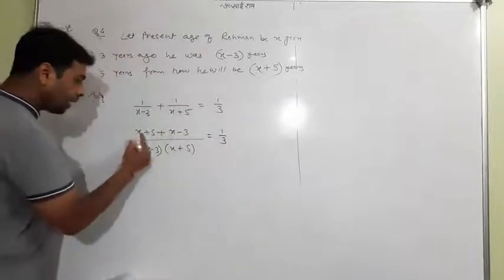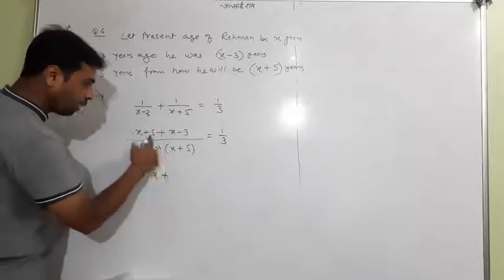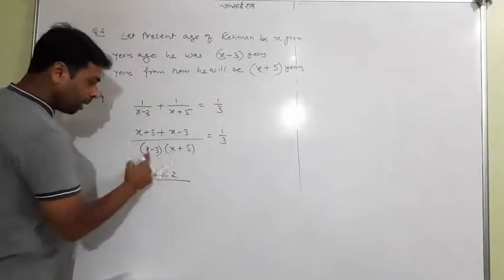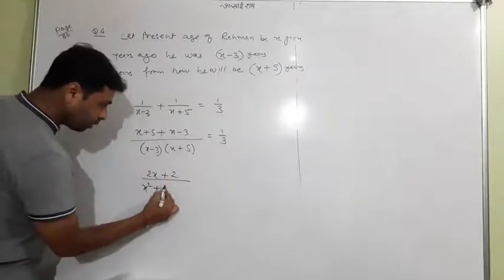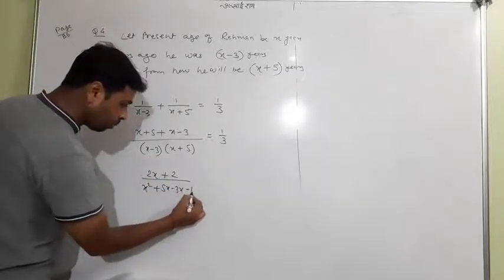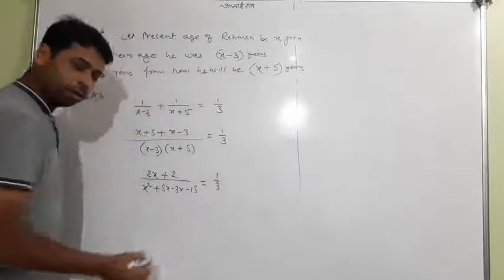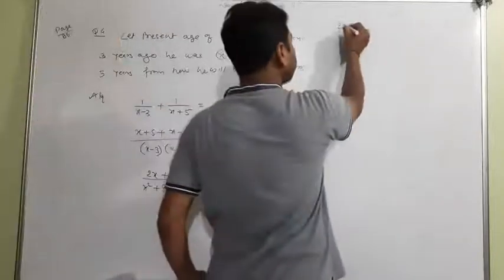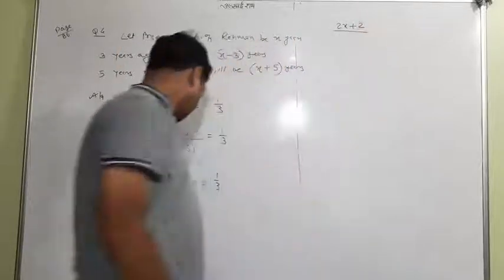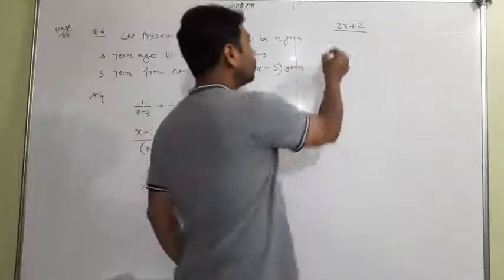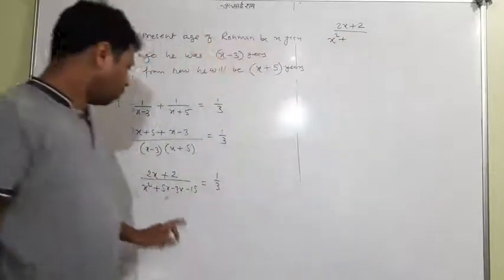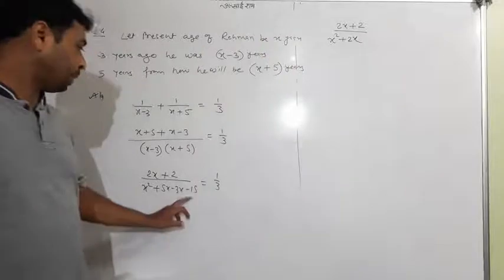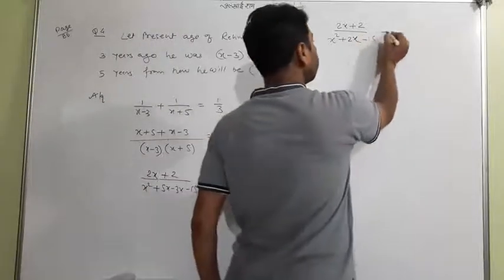So x and x gives 2x, and 5 and minus 3 gives 2. The numerator is 2x plus 2, and the denominator is x squared plus 5x minus 3x minus 15, which equals 1 by 3.